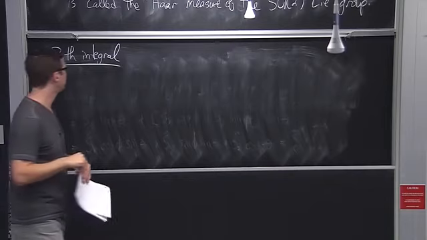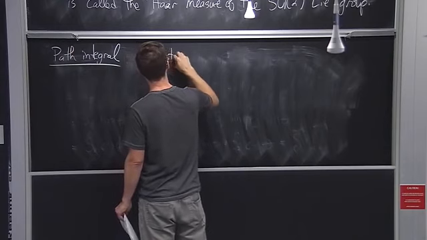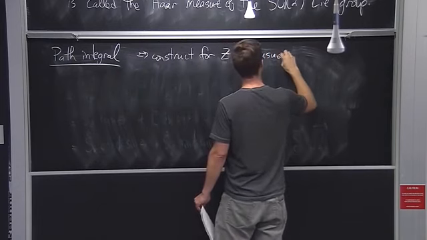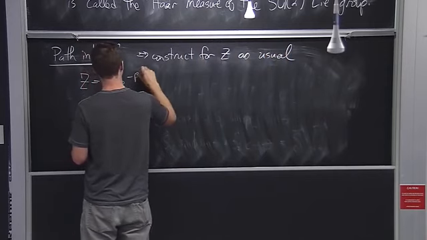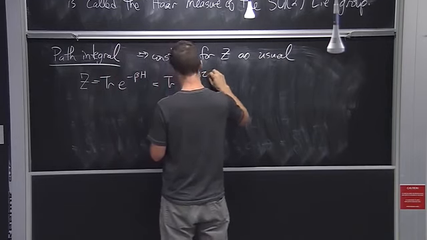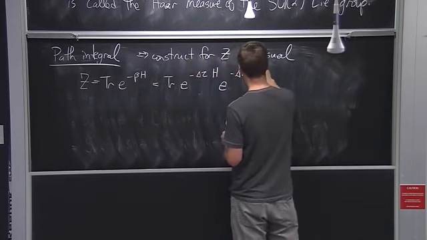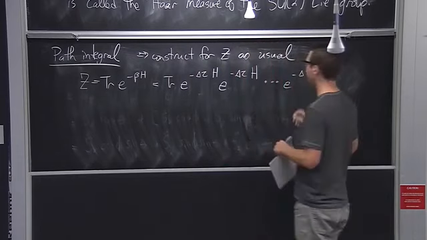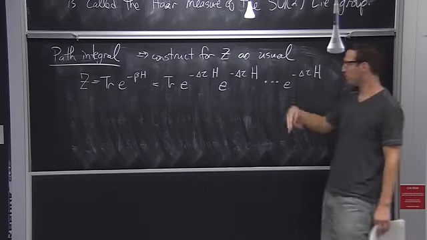Let's construct it for the partition function, which means taking the trace of e to the minus beta H and breaking the exponential up into small steps, delta tau, which run from imaginary time 0 to beta.